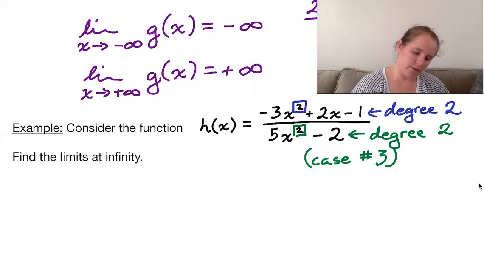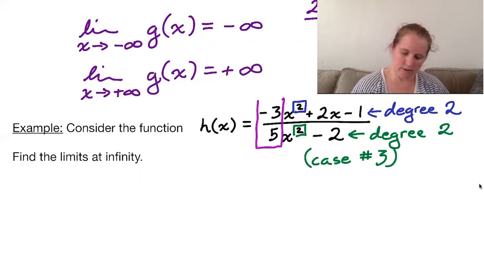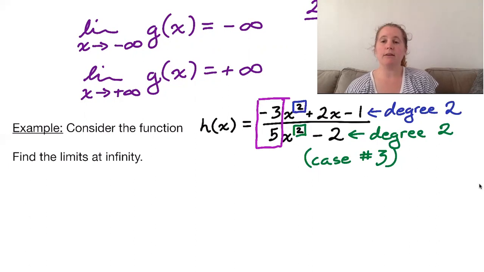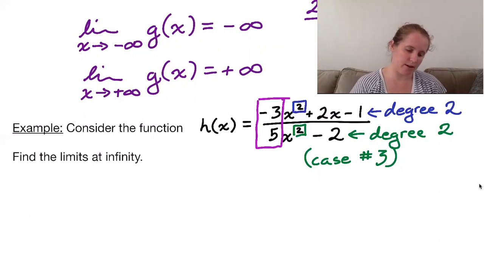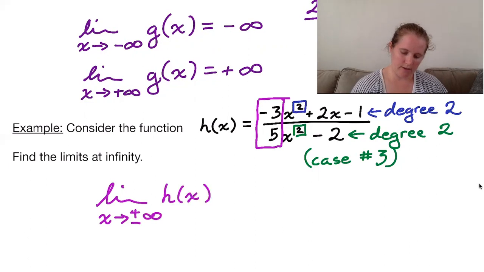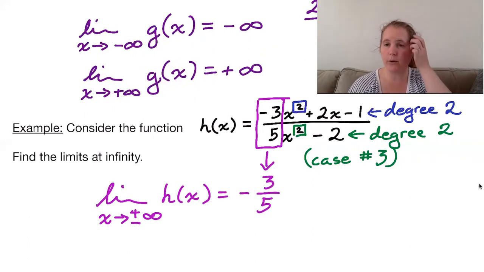We simply take the leading coefficients. Since they have matching powers, we take negative 3 over 5, and that's what we limit to. So the limit as x goes to either positive or negative infinity of h of x will simply be negative 3/5.